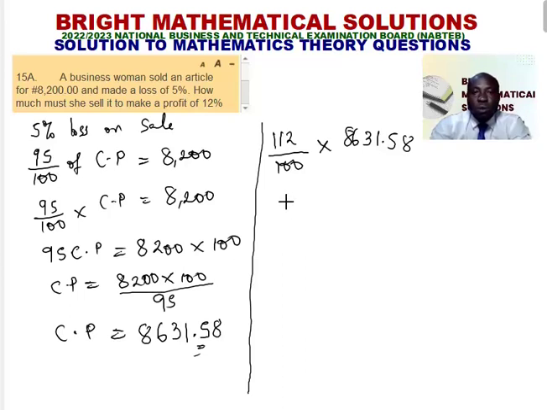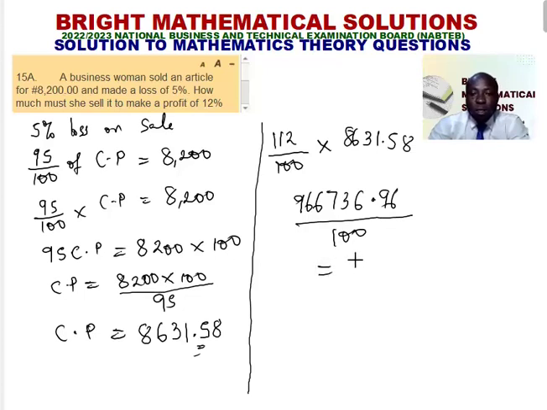So after the calculation, we got 966,737.96 divided by 100, and after the final analysis, we got 9,667.37. So she must sell it for 9,667 naira 37 kobo.